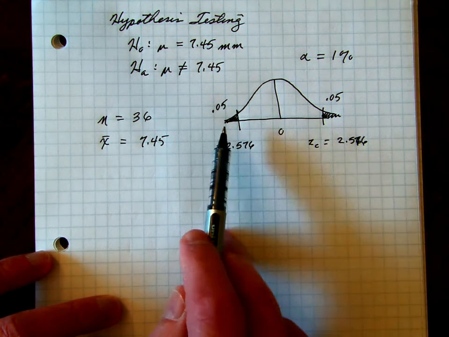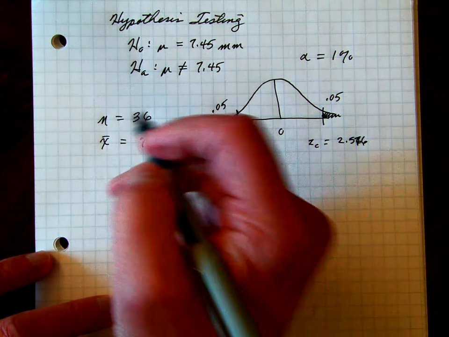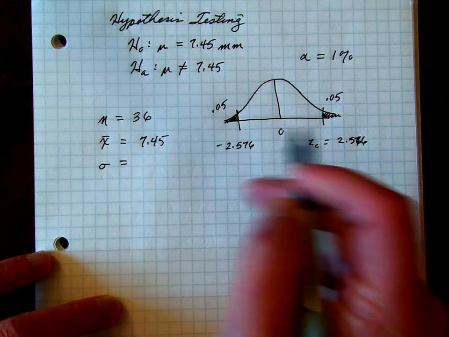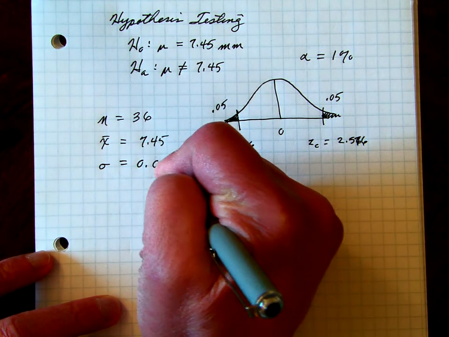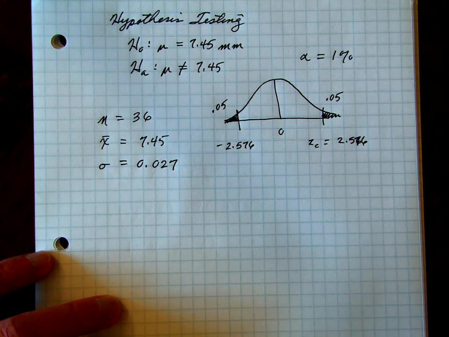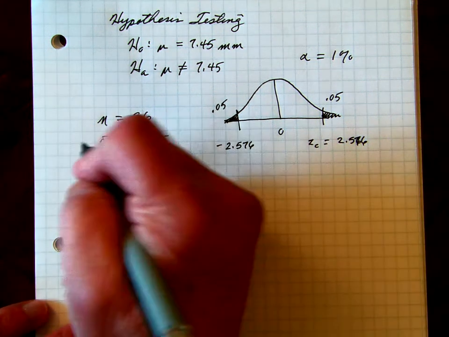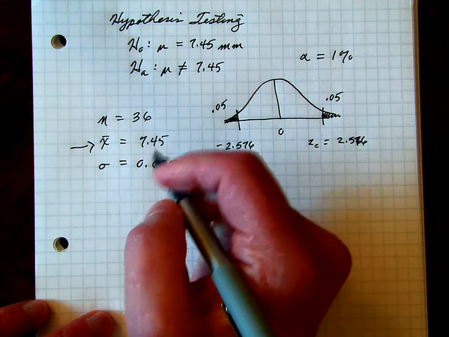Does that violate the 1% level of significance that you're looking at? Well, we need more data, so let's assume in this instance, for some reason, you happen to know that the standard deviation of x is 0.027. Let's go ahead and compute the z-score for x bar.